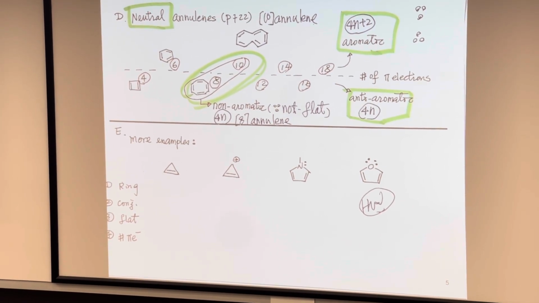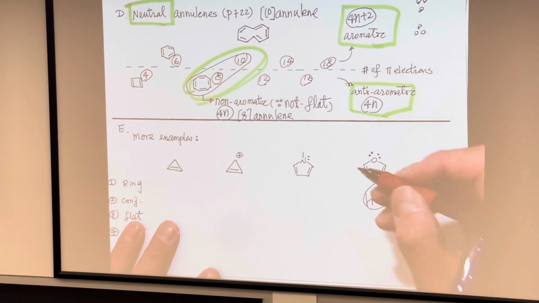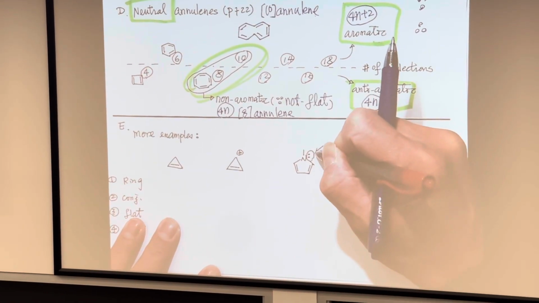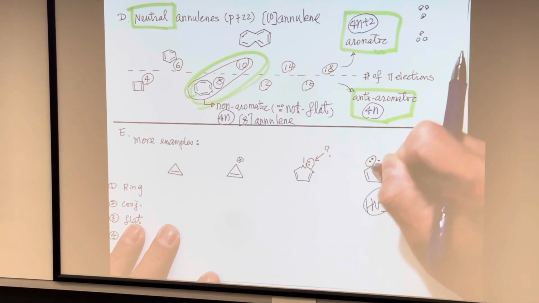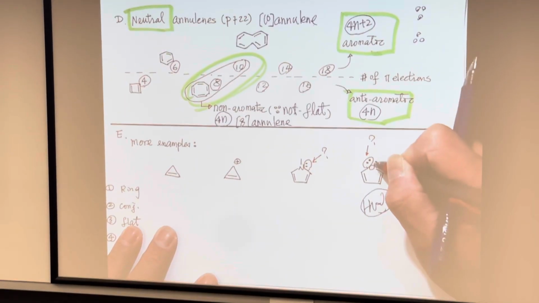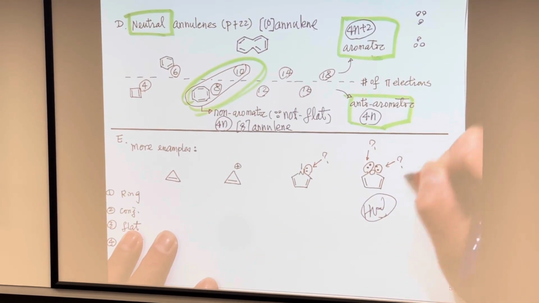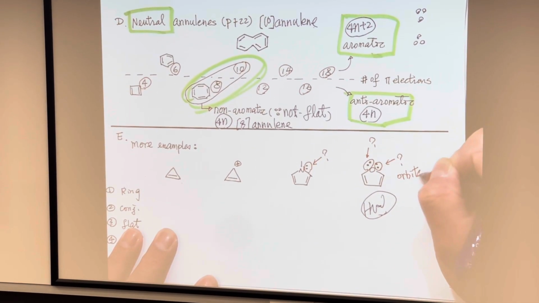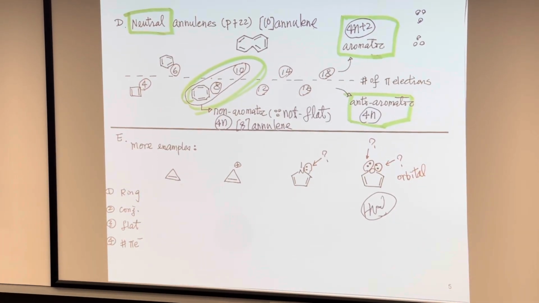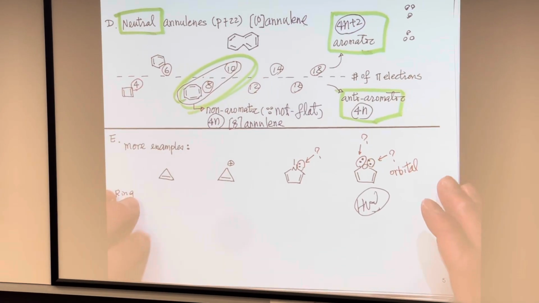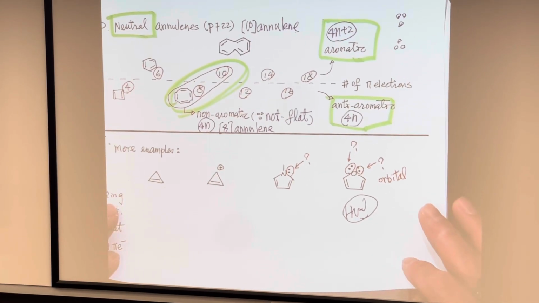Good here? And then also analyze which orbital can afford the lone pair. Okay? Good?